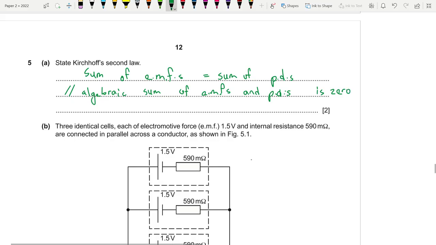Alternate way. And the second point is around a loop or around a closed circuit. Is that fine?